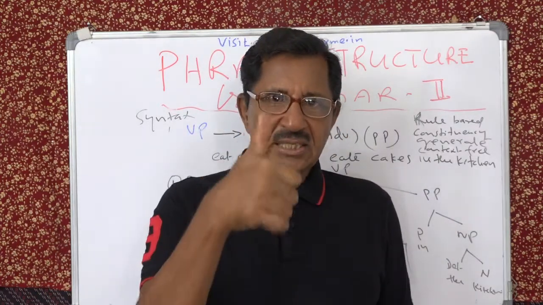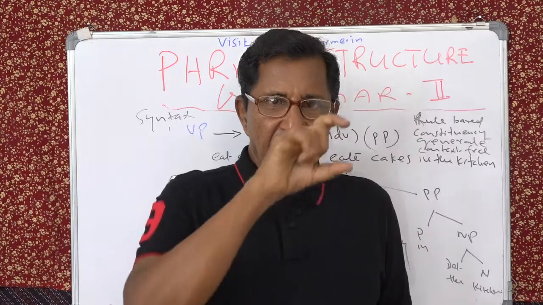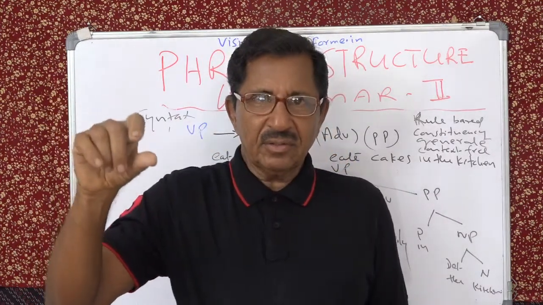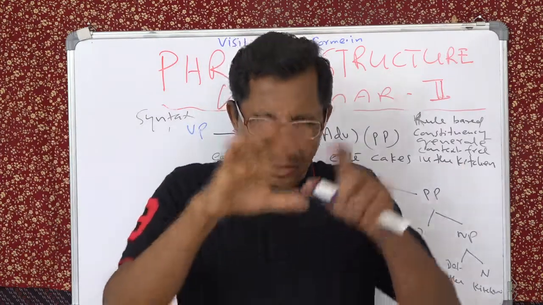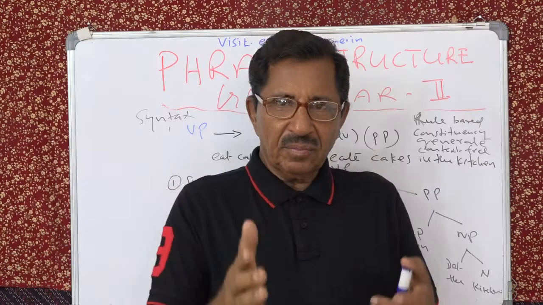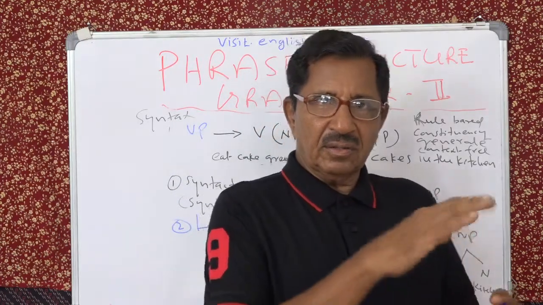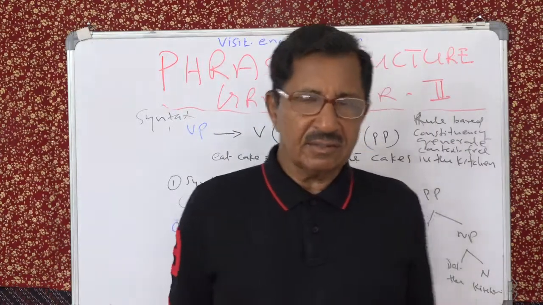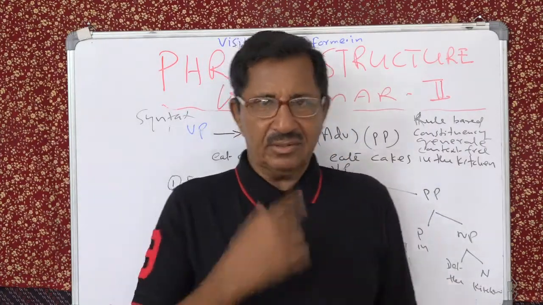One is syntactic categories, those categories that make up the syntax. Syntax means putting together. If you put together noun, verb, adjective, adverb in the place required, you get a sentence.